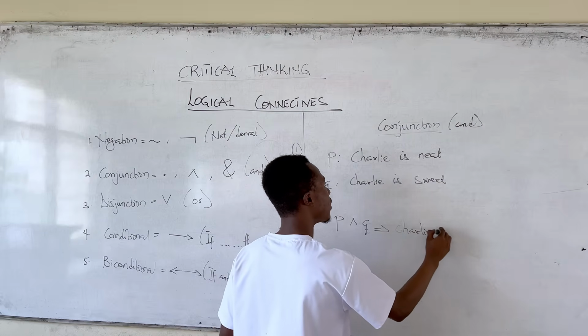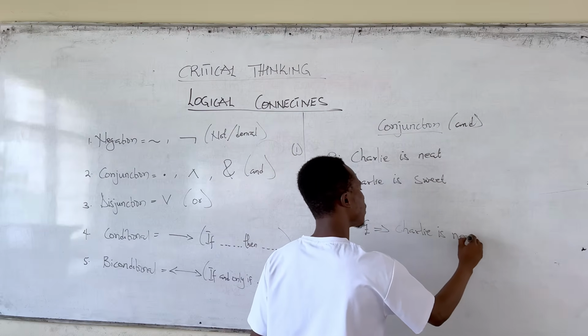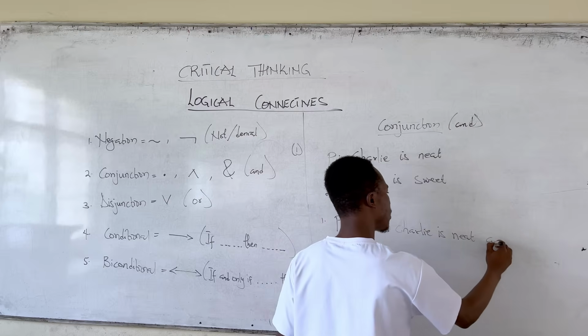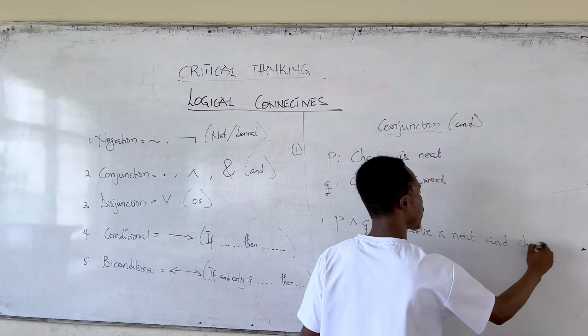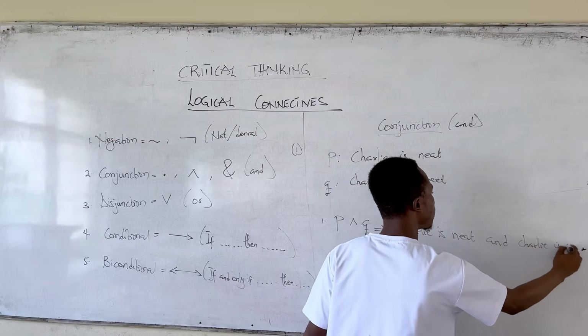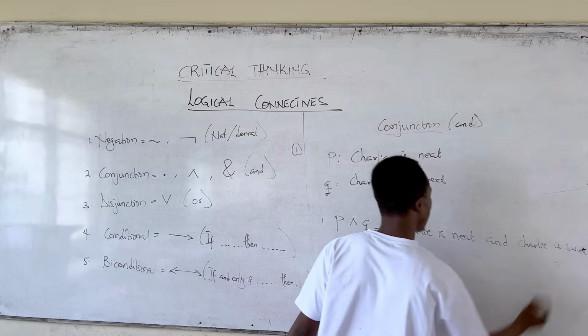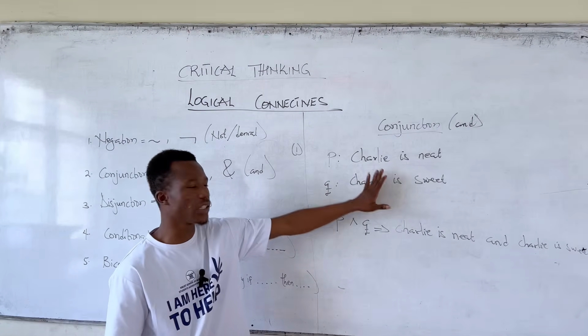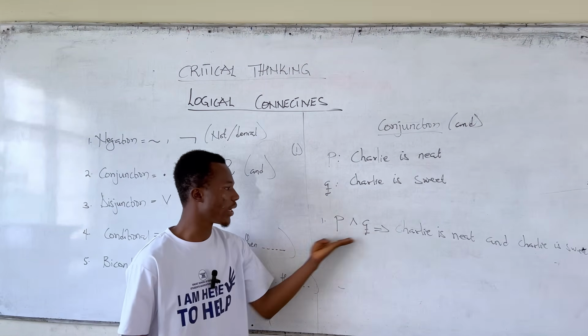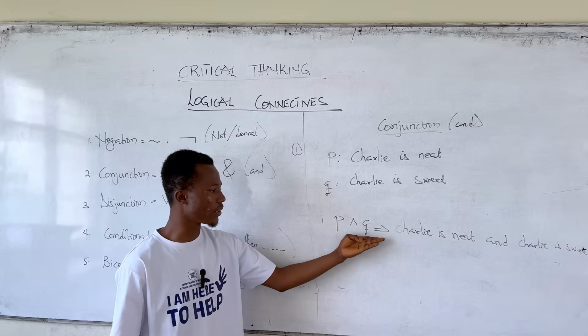So it is going to be "Charlie is neat and Charlie is sweet". Okay, so in exams, that's how it's going to be. They will state it like this, then they will give you the expression in symbolic logic form.